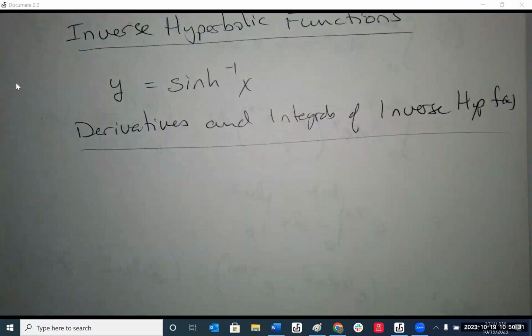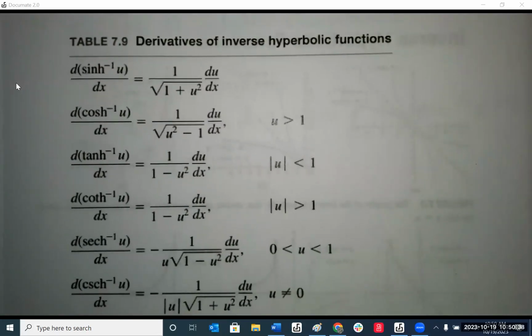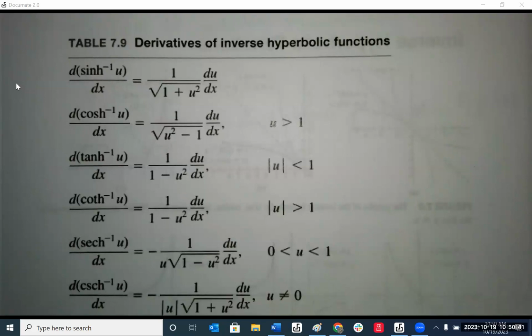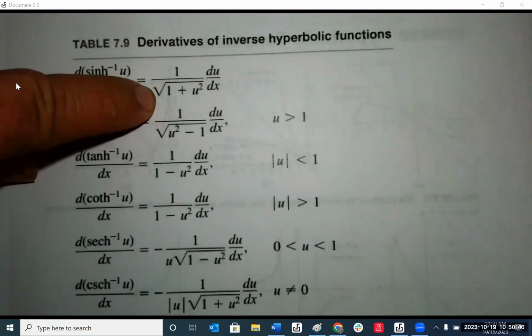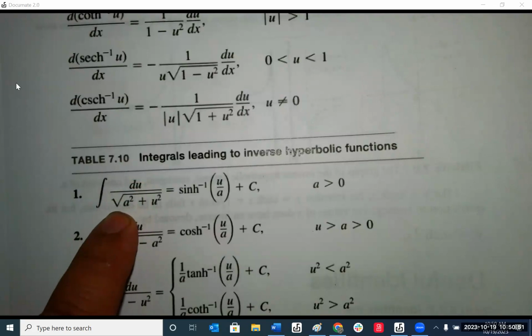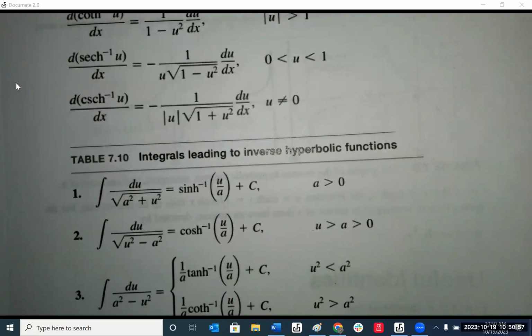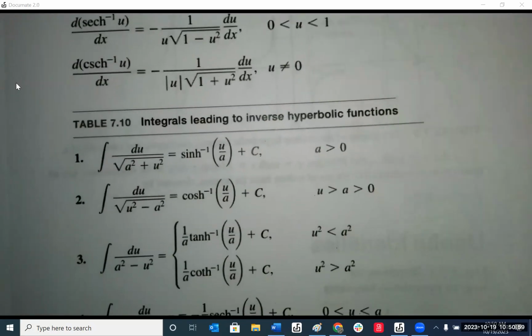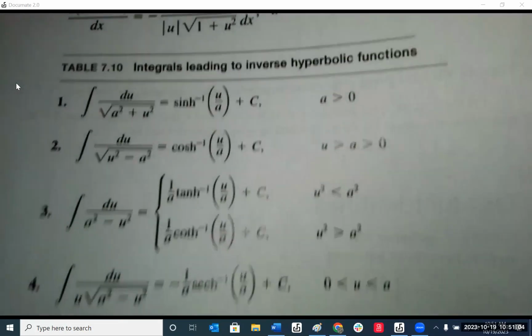On the last page, you have those formulas already. So the derivative of the inverse hyperbolic sine is that. The integrals, if we can get the integral into that form, we can translate it back to our inverse functions. So our next step is to try to make them fit those categories.